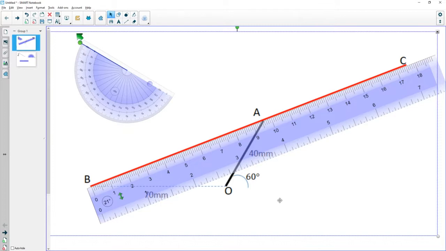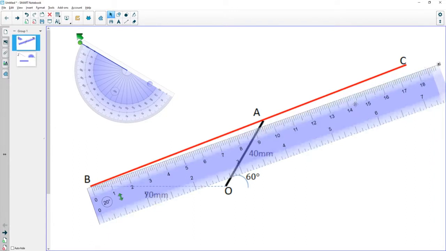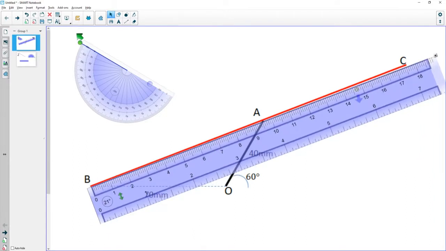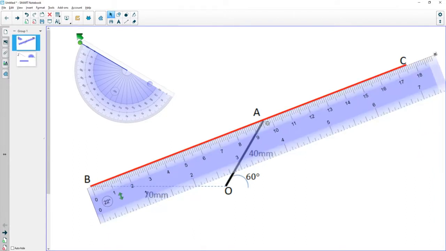Oh, I can't extend that line. Apologies. But what we can see from here is that BC is 96 millimeters long, or BA is 96 millimeters long, which is what we calculated it to be.